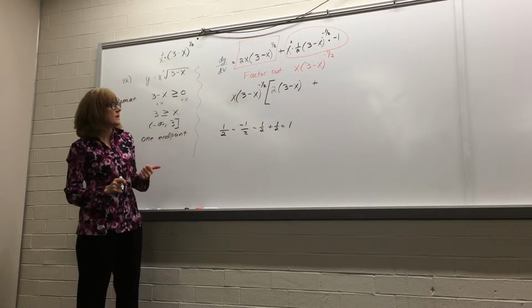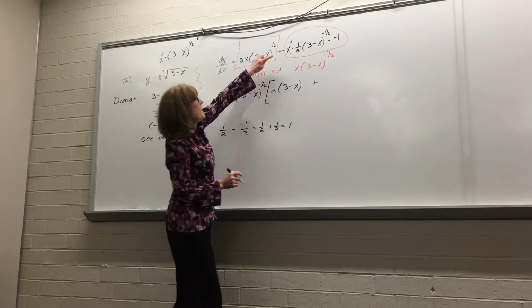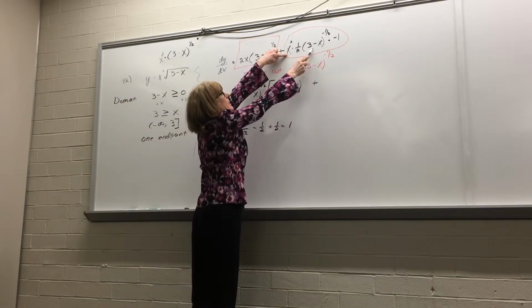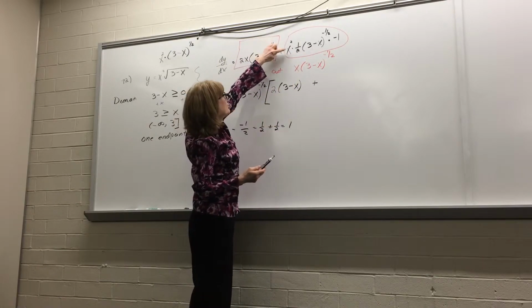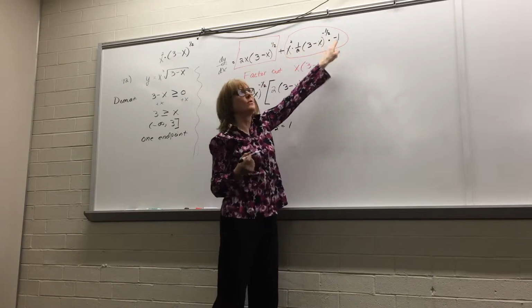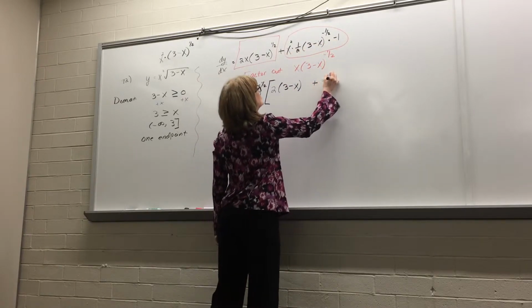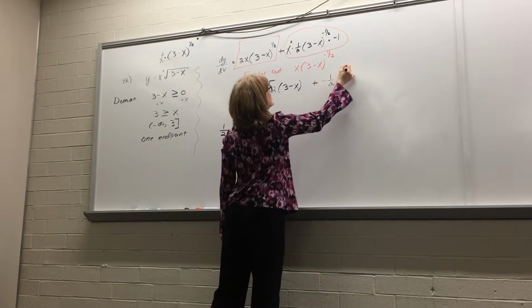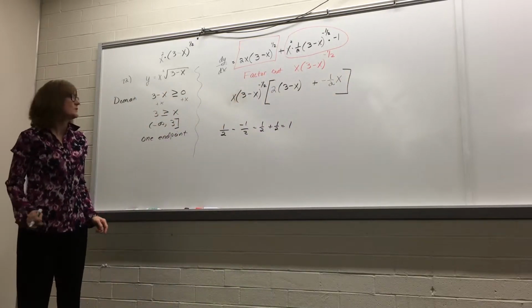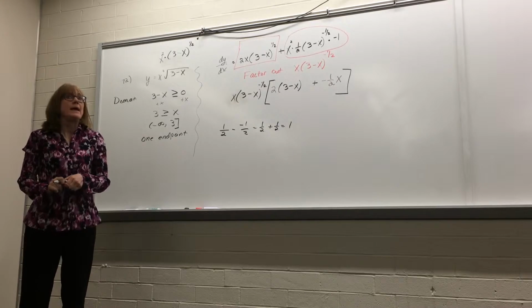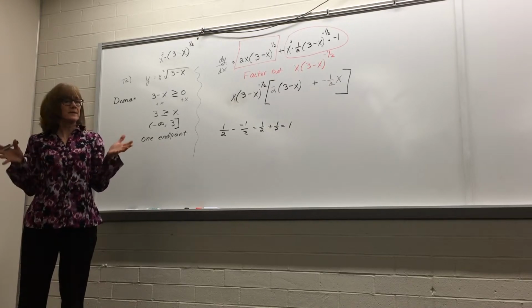Well, the other side goes faster, I think. We're factoring out an x and the 3 minus x's, so what I have left would be another x, a 1/2, and a negative 1. And technically speaking, it is completely factored now.